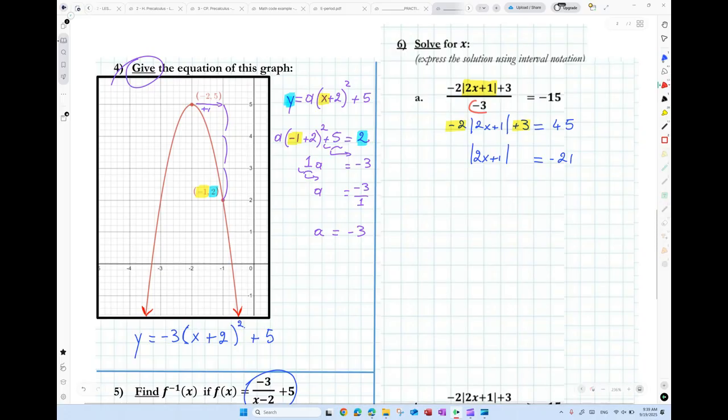So it doesn't matter what you input for x, this will never be true. So you can conclude directly that there is no solution, therefore x belongs to the empty set.